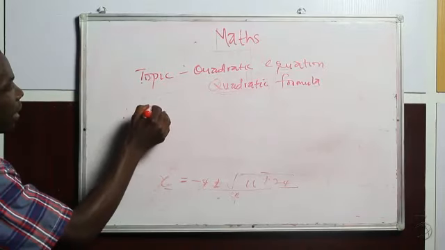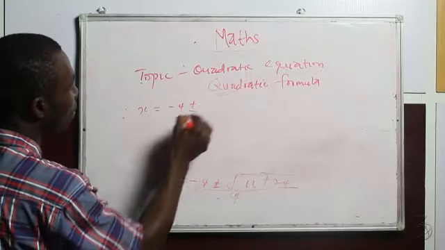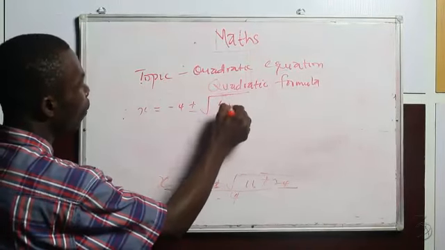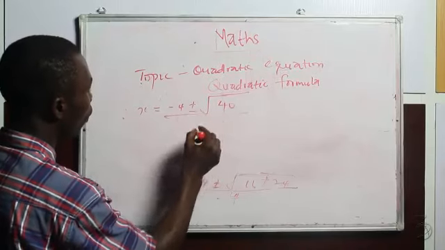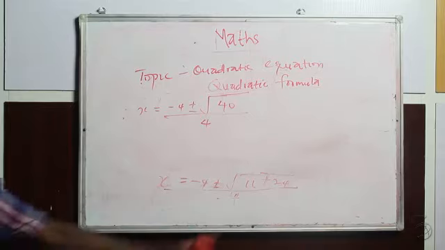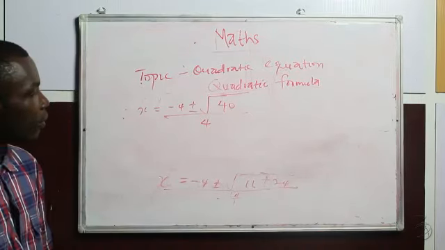Therefore, x is equal to minus 4 plus or minus root of 16 plus 24, which gives us 40, all over 4.